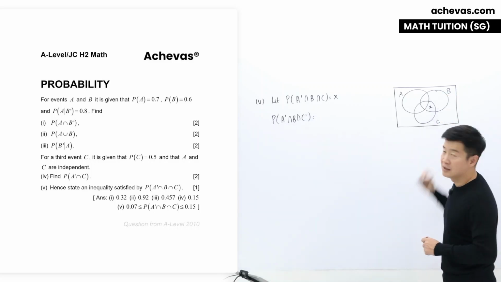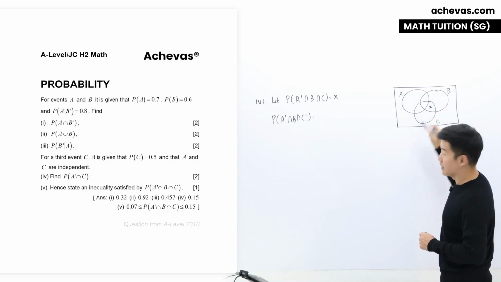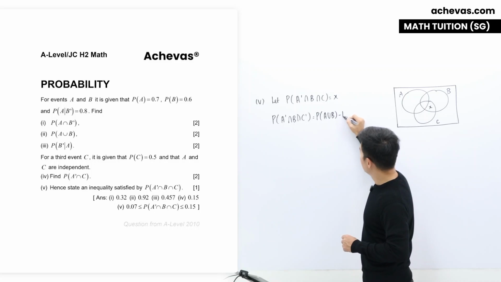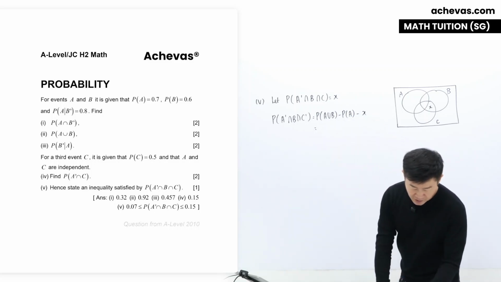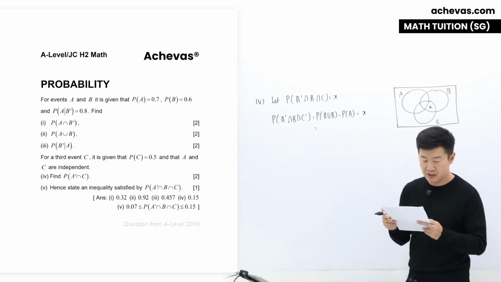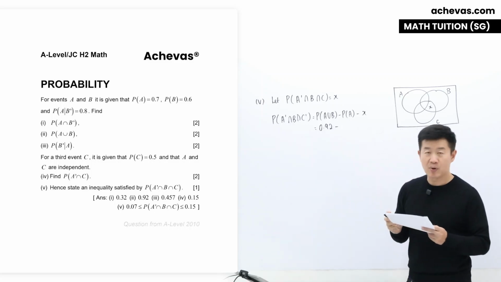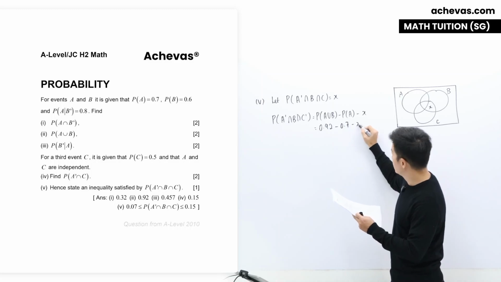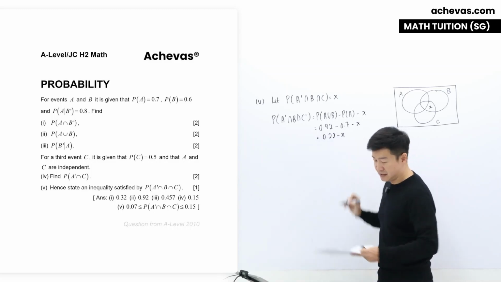To find it, I'm going to take the probability of A union B minus the probability of A minus X. From part 2 of this question, we know A union B is equal to 0.92, minus the probability of A, which is given by the question as 0.7, then minus X. And this gets us 0.22 minus X.